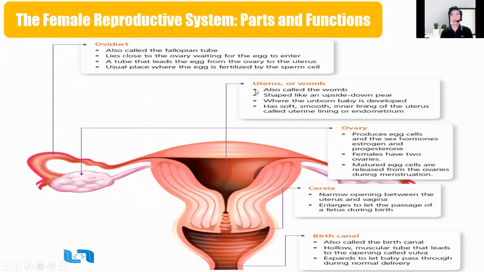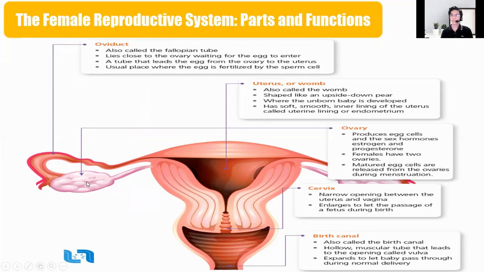Uterus. Uterus, also called the womb, is shaped like an upside-down pear, where the unborn baby is developed. It has a soft, smooth inner lining called the uterine lining or the endometrium. Ovary.